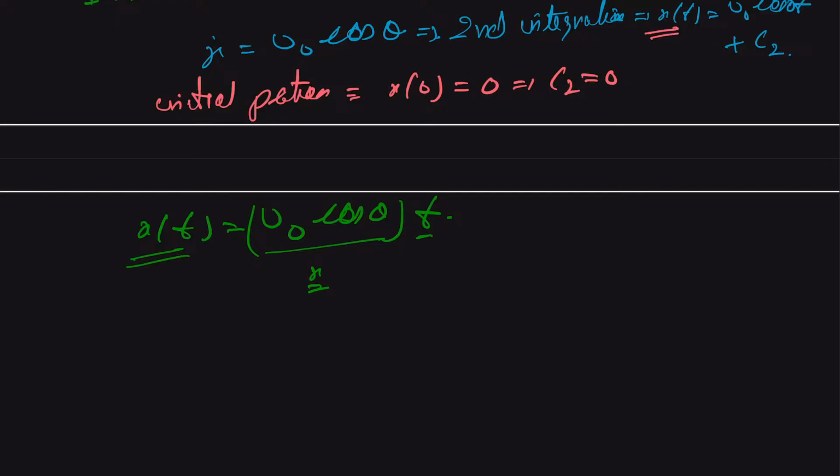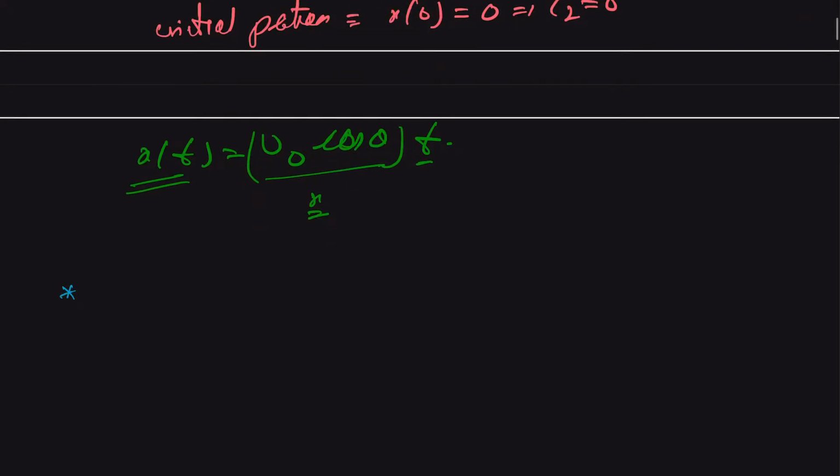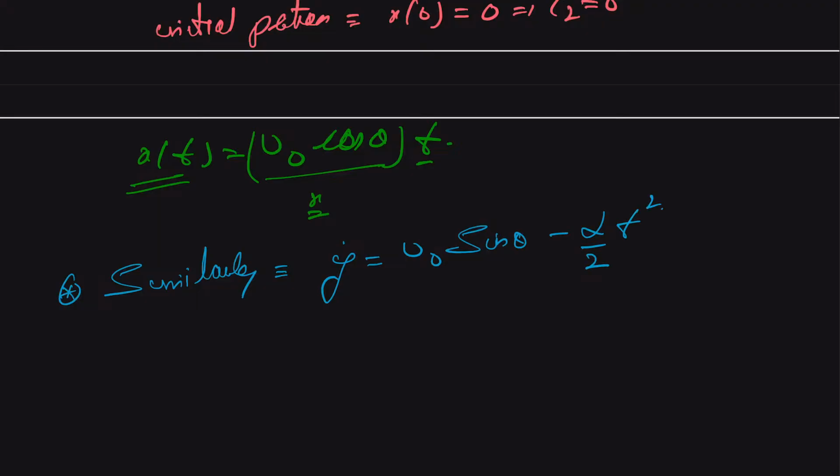And similarly, we can say that velocity in y direction will be equal to v naught sine of theta minus alpha divided by 2, and this is t square.